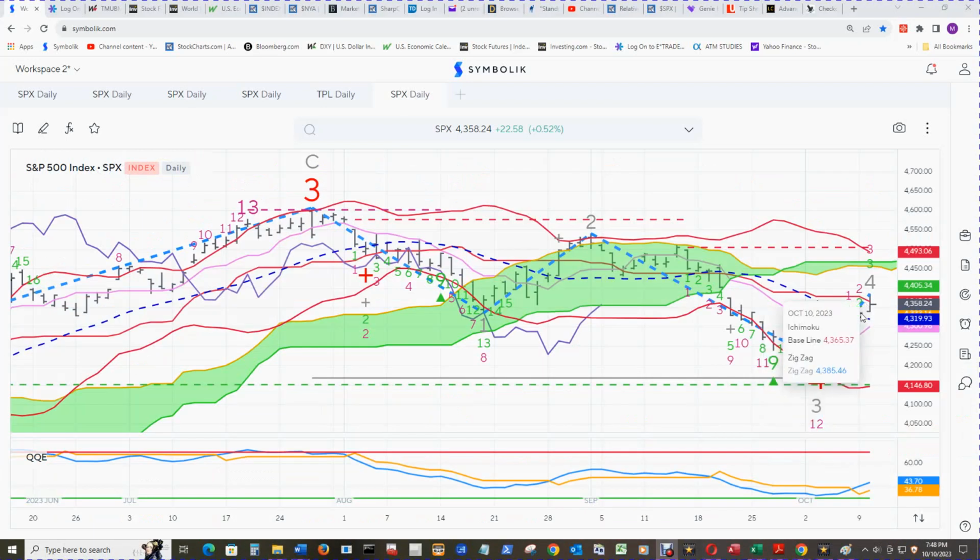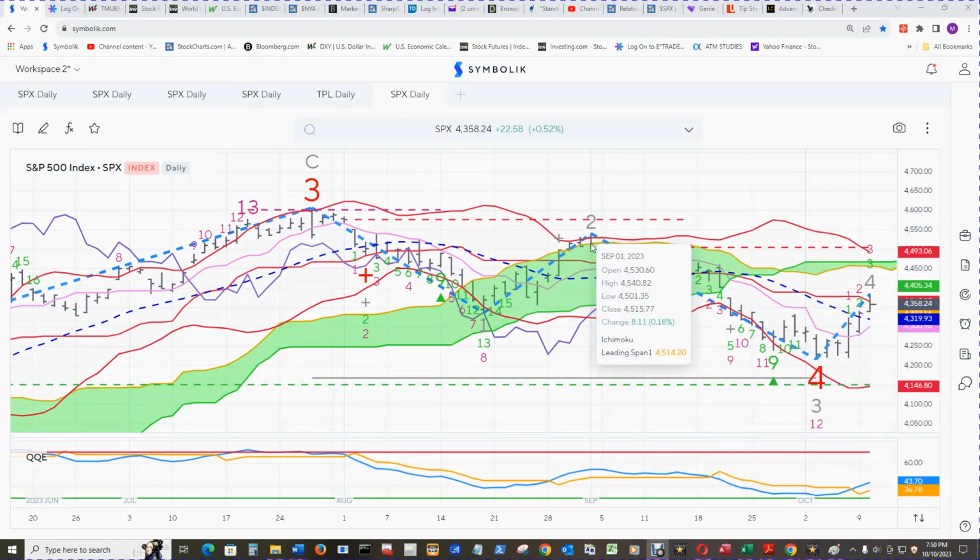And there were enough higher highs and higher lows to have the swing point for zigzag. So there it is, anchored right at the D wave up wave 4 and the D wave down wave 3. Tick higher than this high on the September 1st, 45.40.82. And the D wave down wave 2 will shift over, because by then the D wave down wave 4, which has printed, will be up there and will get the shift and replace the D wave down wave 4.